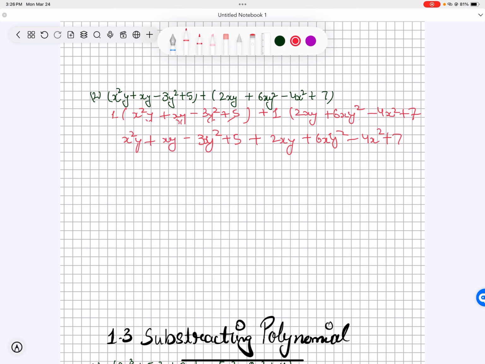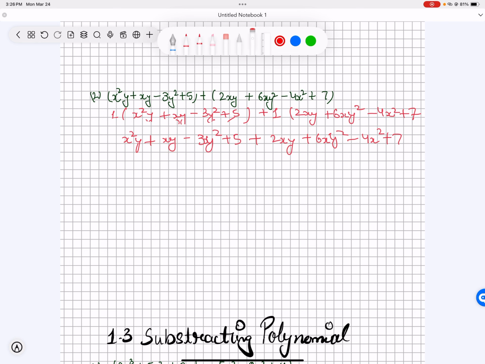And then we're gonna look for like terms. So we have xy, and then we have 2xy and xy.